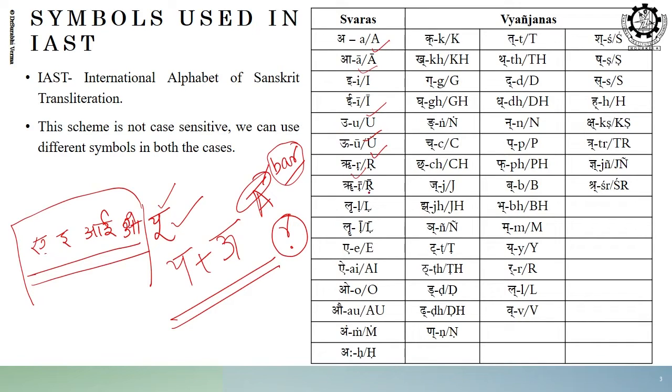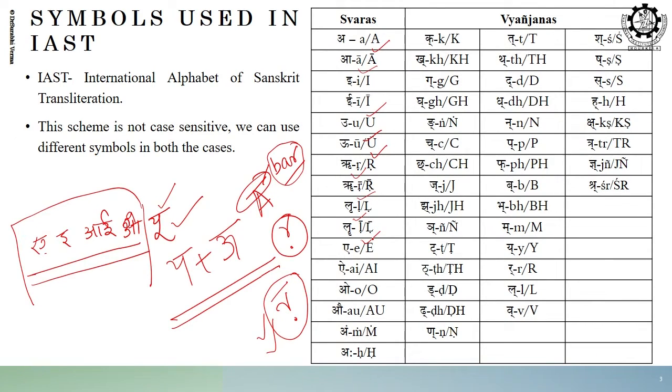In the same way, to address the long rikara, dirgha rikara, we use r with a lower dot and an upper bar. That means the bar is always used to denote the long syllable, dirgha. In the same way, for the short lrikara, we use l with a lower dot, and for the longer one, dirgha, we use l with a lower dot and an upper bar.